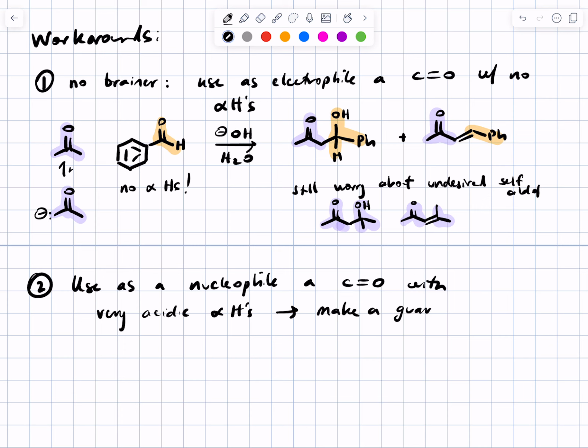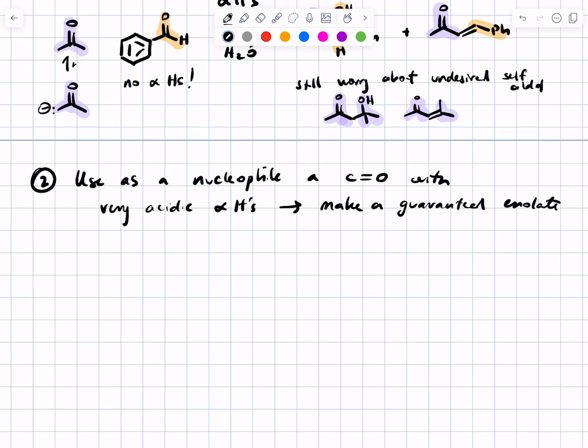So this is making a guaranteed enolate. An example of this might be for this beta diketone, which has a proton that's alpha to two carbonyls, a pKa of 9. And then in the same reaction mixture, you could have acetone, which has a pKa of its alpha proton of 20. There, it's no contest.